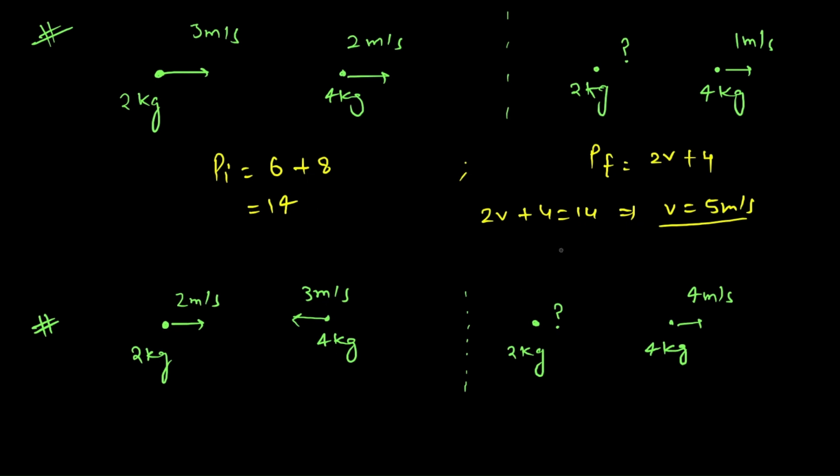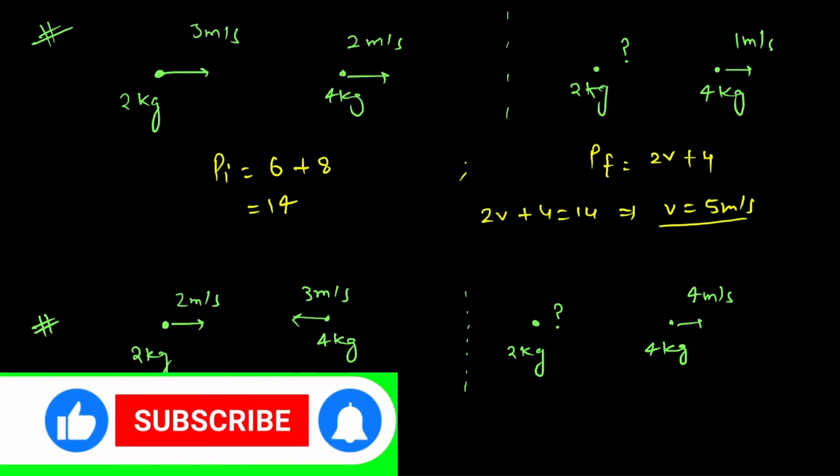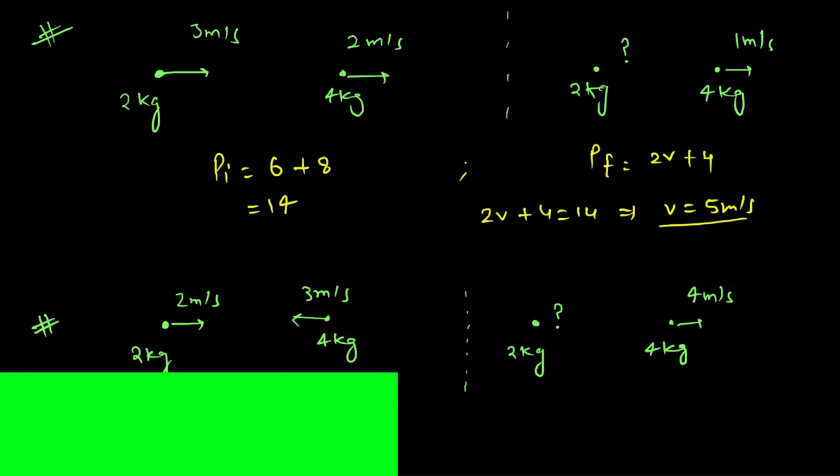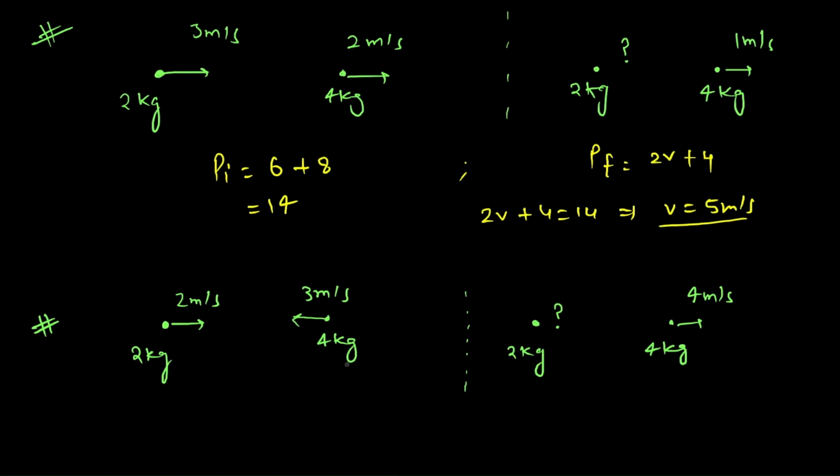So the P initial would be, let me just write it here actually, 4 minus 12, right? Because the one is coming from the other direction. And then P final would be 2V once again, plus 16.